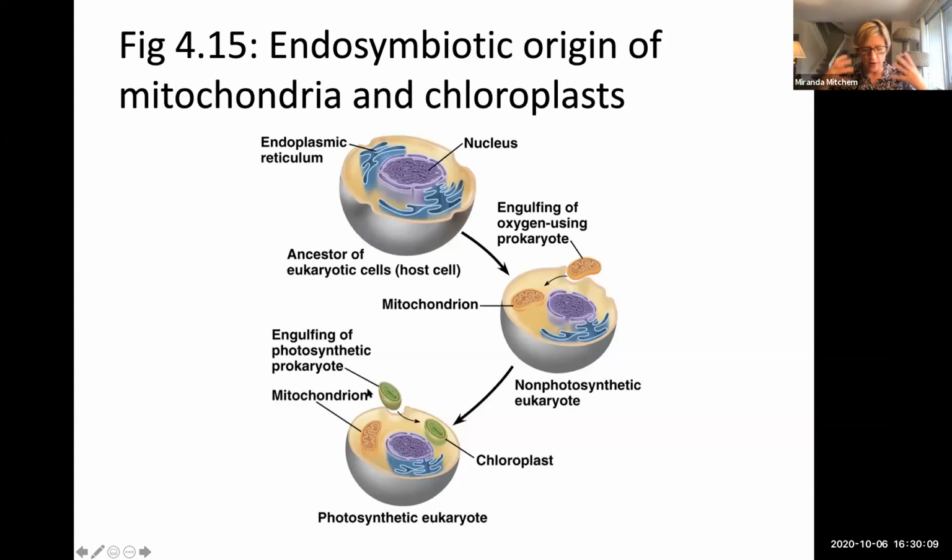That brought those structures and consequently the functions into the photosynthetic eukaryotic cell. So we have two different events of a prokaryote being engulfed by this eukaryotic cell, creating the non-photosynthetic eukaryotic cell, such as ours, as well as the photosynthetic eukaryotic cell that is found in plants and algae.